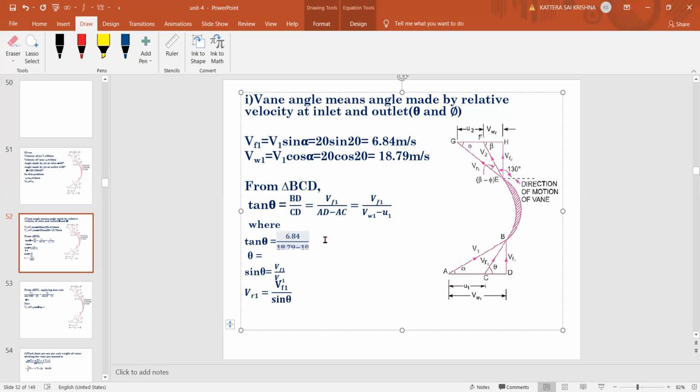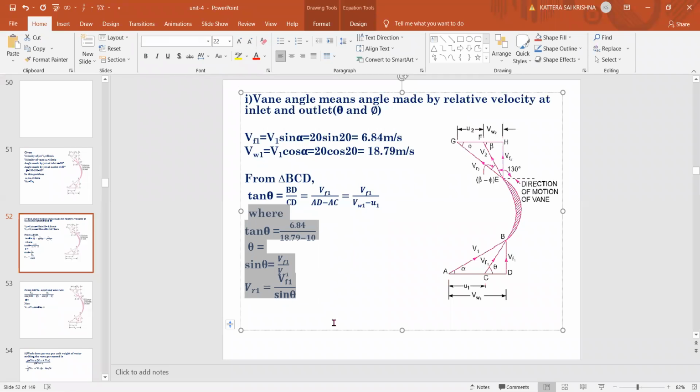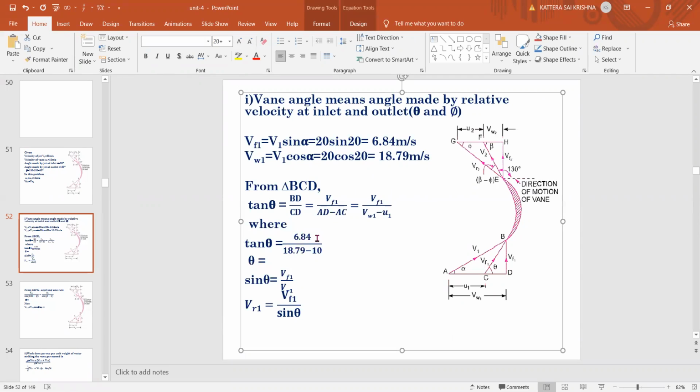So theta equal to tan inverse of 6.84 by 8.79. Then you can find the theta value. So theta equal to, please tell me the value.